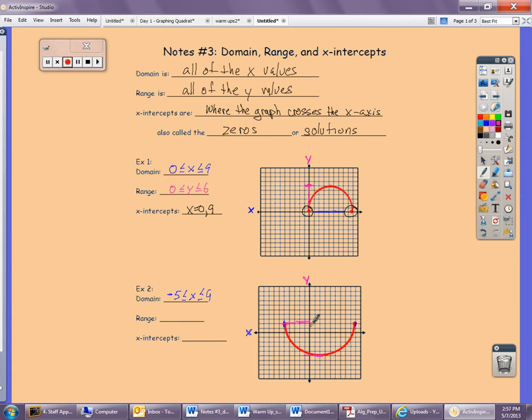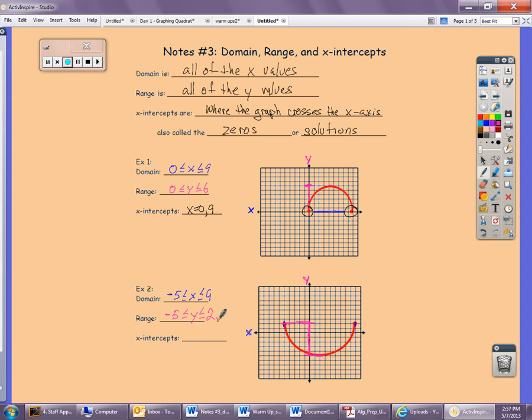So the range goes from negative 5 up to 2. The way we write that is: y is between negative 5 and positive 2. So the range is negative 5 is less than y, and y is less than 2.